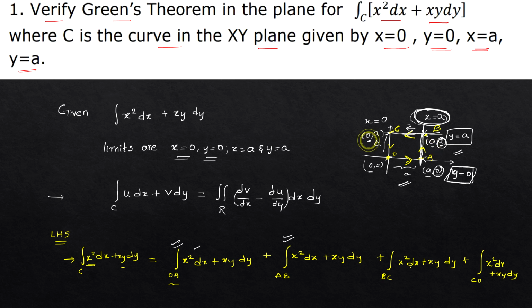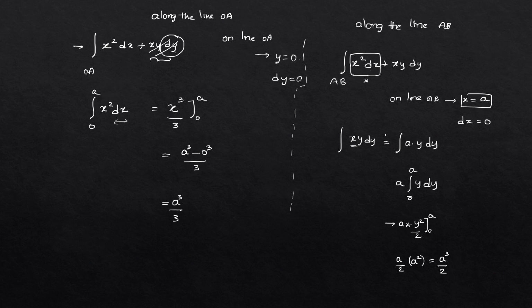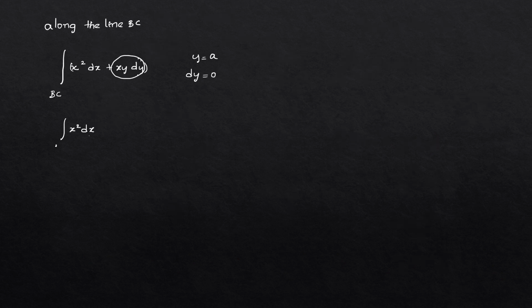What is the integral of x square? It will be x cube by 3 over the limits a to 0. We put the upper limit first, then the lower limit. So 0 cube minus a cube by 3, which is equal to minus a cube by 3.